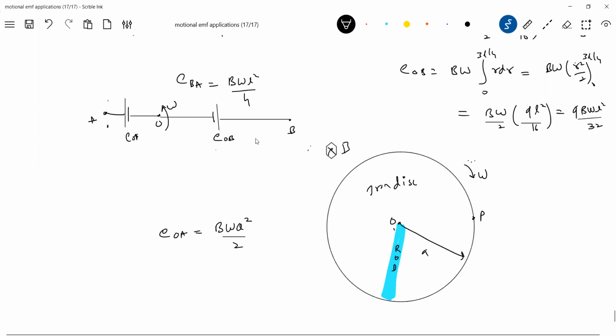If I sum up such rods, what do I get? I'll get a disc, no? So what is the EMF induced across each rod? B omega A square by 2.